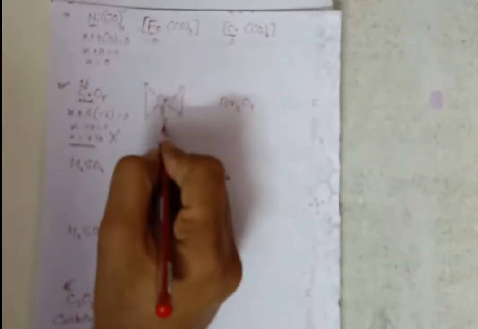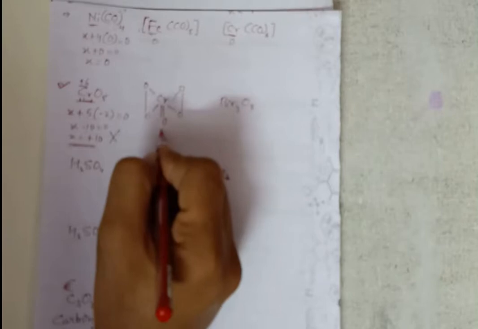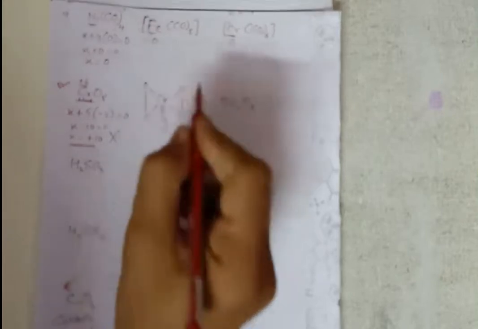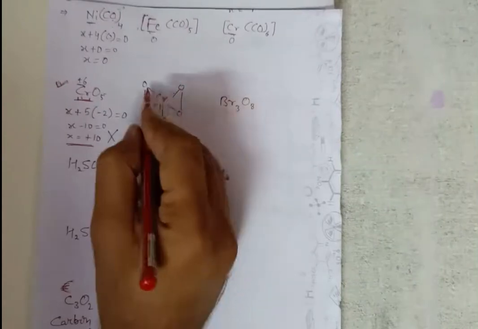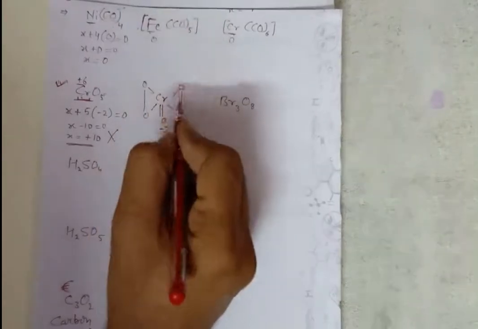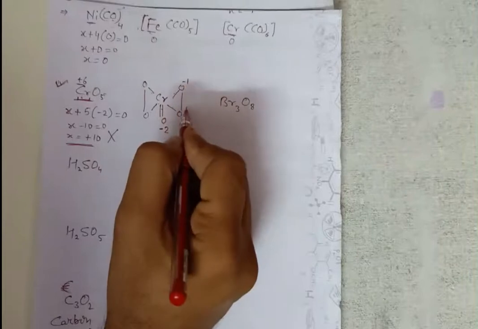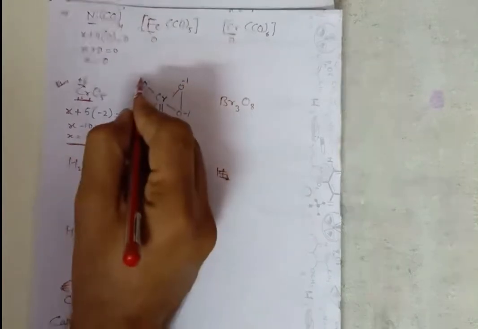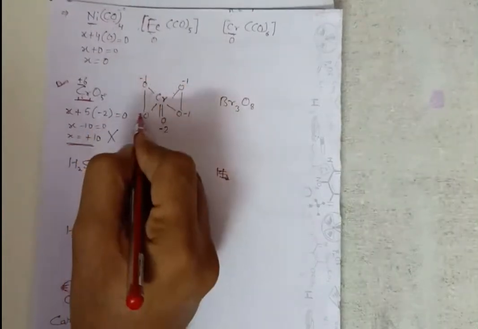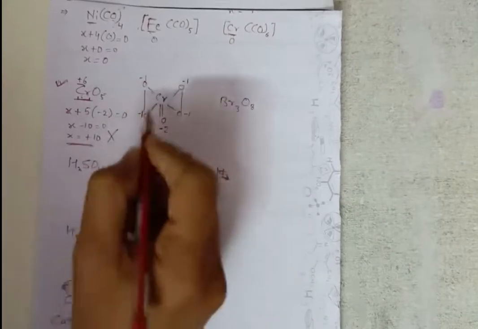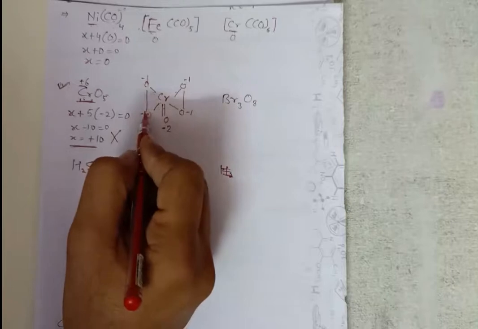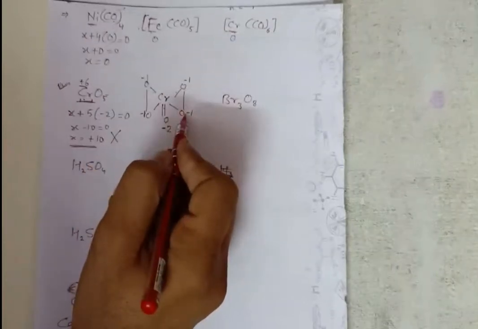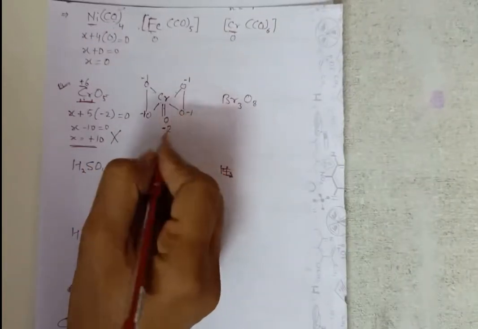Now this oxygen is called oxide. So oxide has -2. This oxygen, when combined with another oxygen, these 2 oxygen and these 2 oxygen are called peroxide. So the oxidation number of peroxide is -1. This one also -1, this one also -1, and this one is also -1. The total oxidation number on oxygen is -1, -1, -1, -1, total -4, and -2, -6.